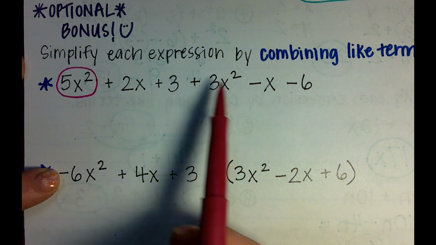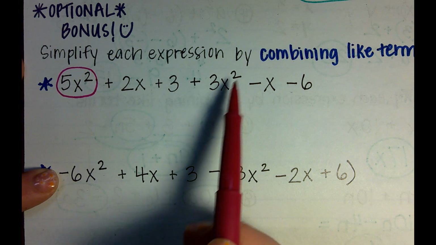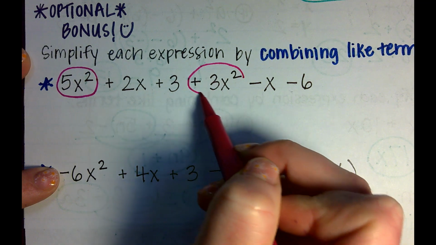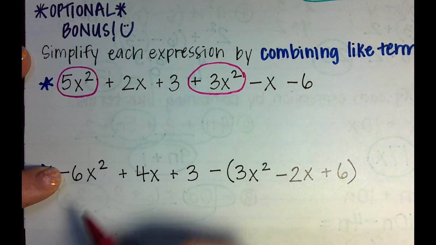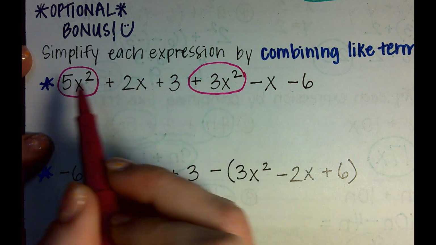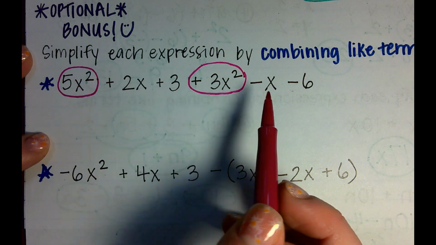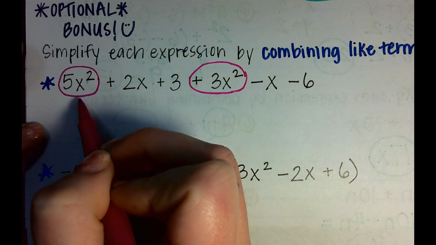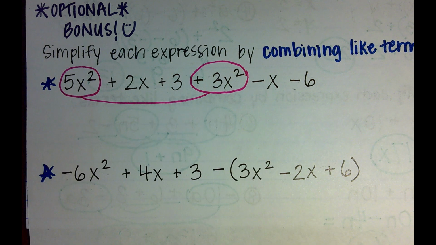That one doesn't match. Aha! There's another x squared. I'm going to circle my plus so I know I'm adding it. 5x squared plus 3x squared. Those are going to go together. There's our first set. I'm going to attach them with a little line. I know those go together.